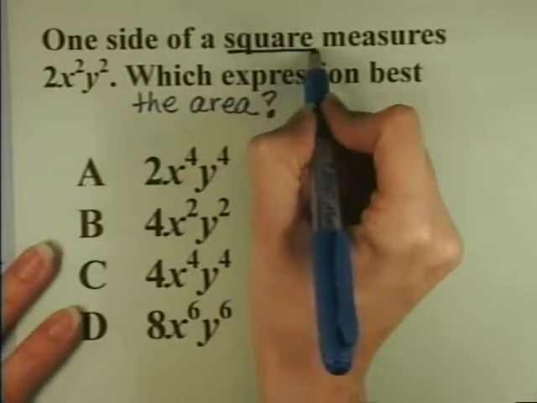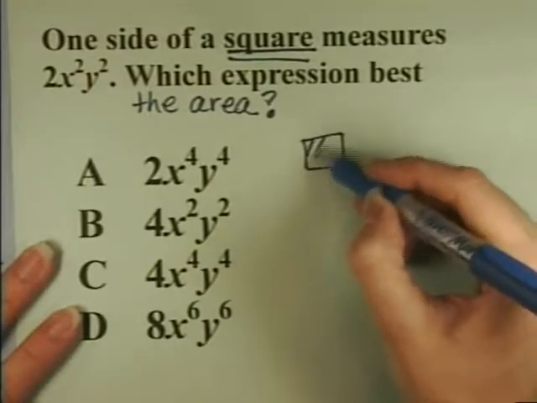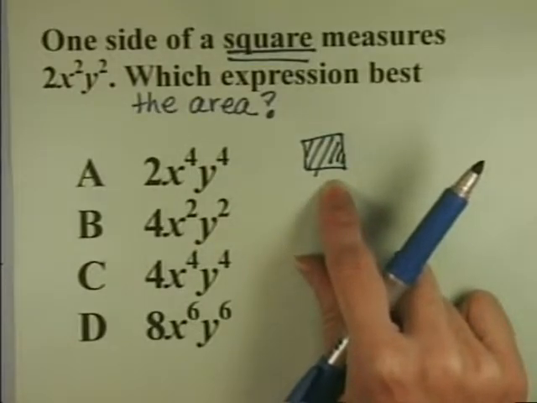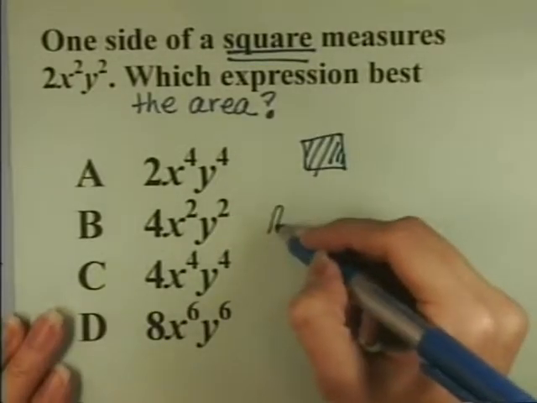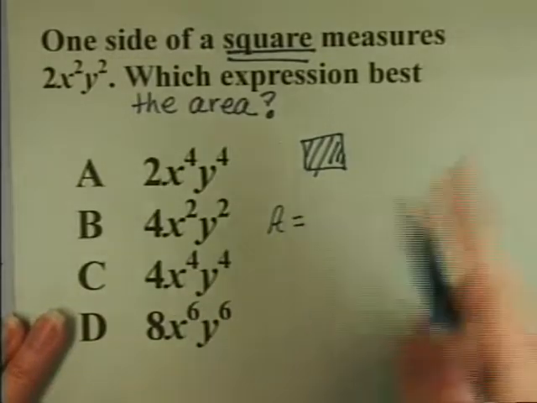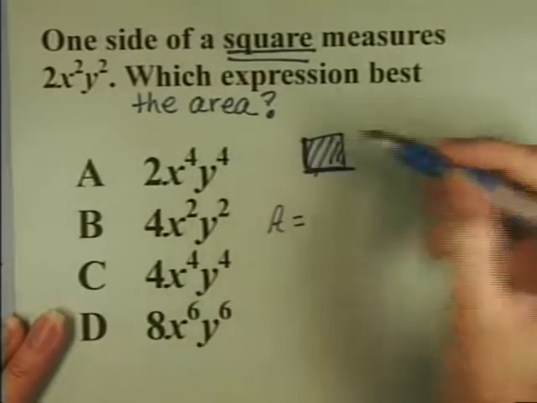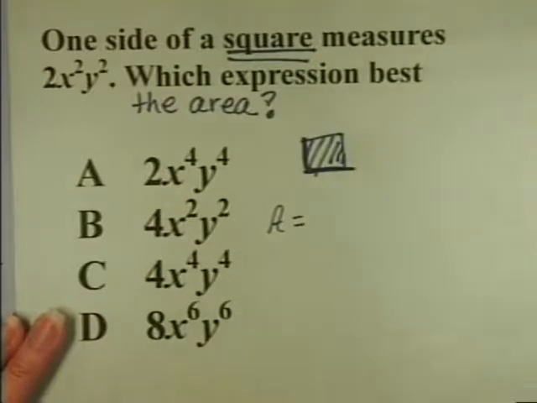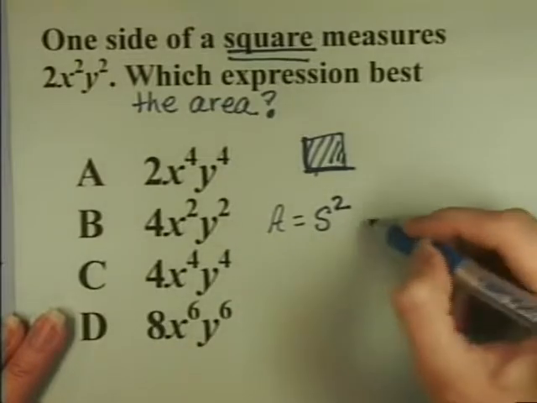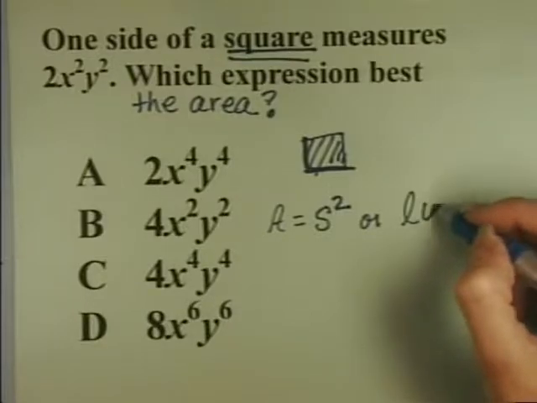Now we're talking about the area of a square, a funky looking square. Can you tell me the formula for area? Area equals side squared, or you can do side times side, like length times width.